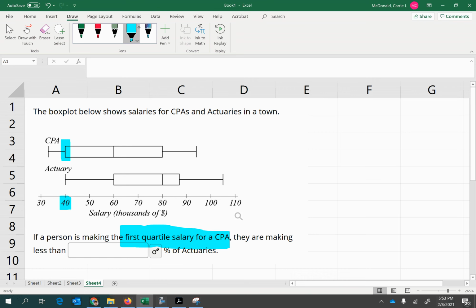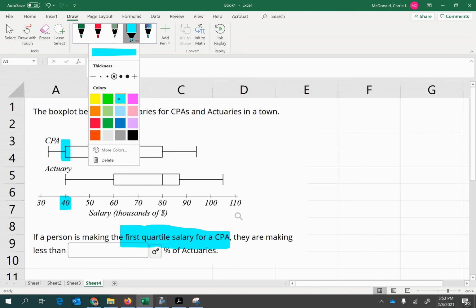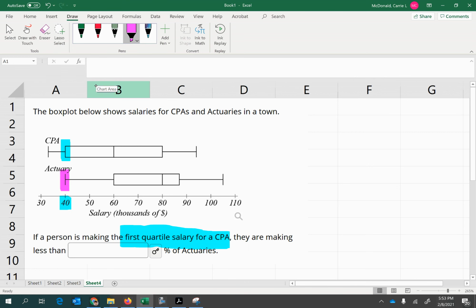Now, they are making less than what percentage of actuaries, though? So the actuaries, on the actuary scale, that would be the minimum.